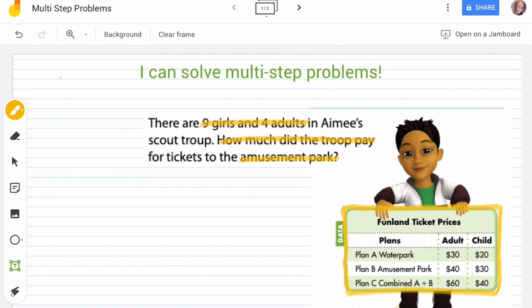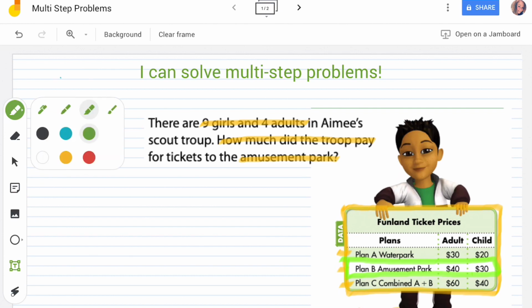Now that brings me back to our data table. If you look at the data table, there are 3 different plans. Now, according to our problem, which plan are we going to use for our calculations? That's right. Plan B, the amusement park, and that's right in the middle.